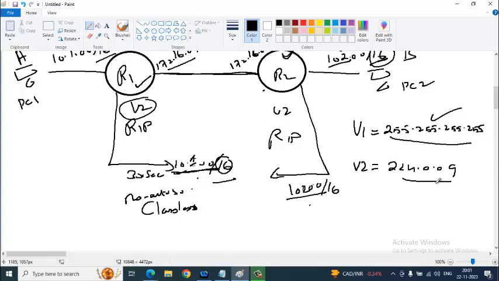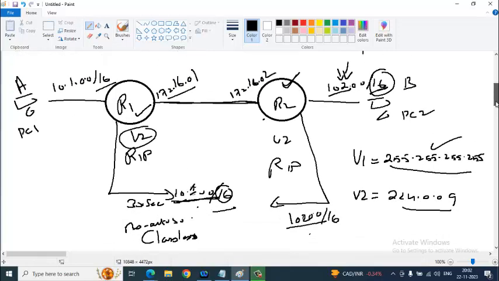Okay. Now, there are two more concepts I need to teach, but I would like to teach them after the lab. What is that? Route poisoning, and then poison reverse.